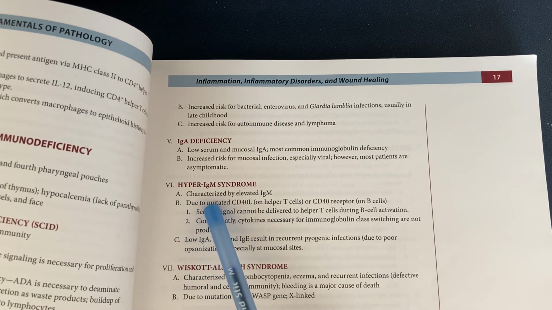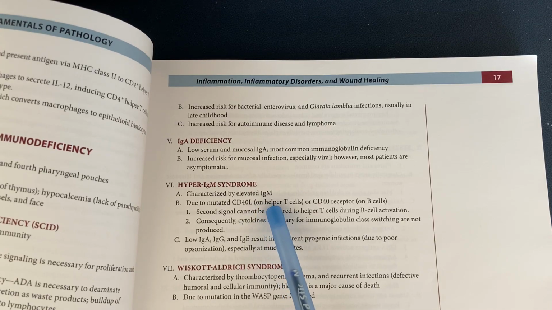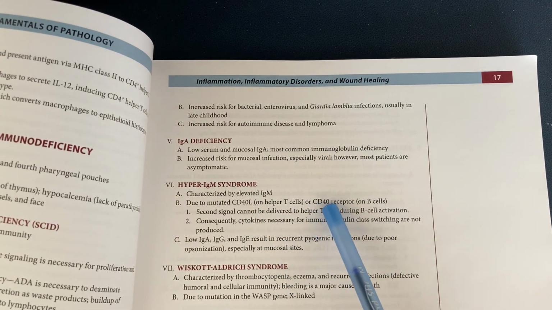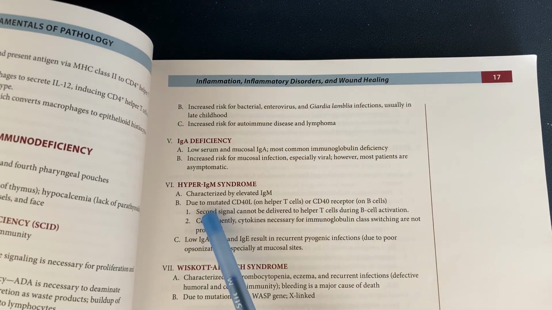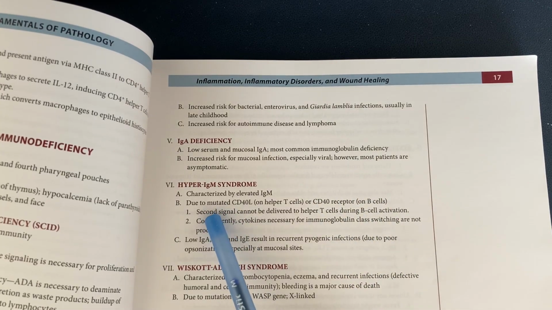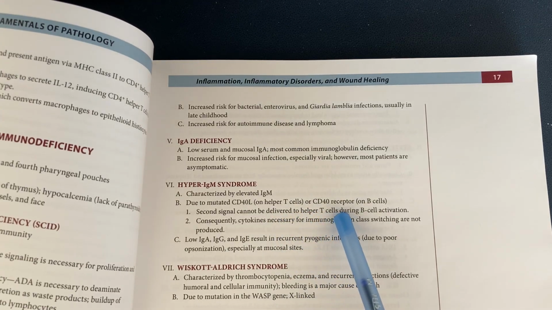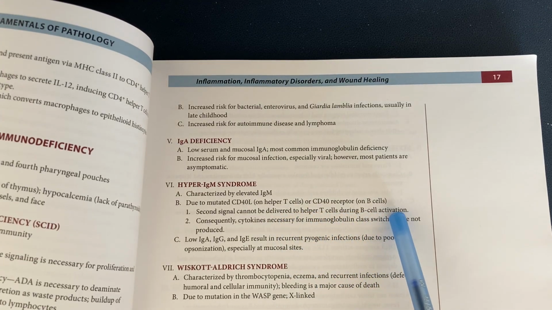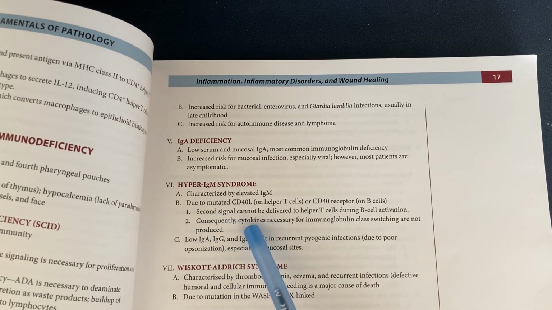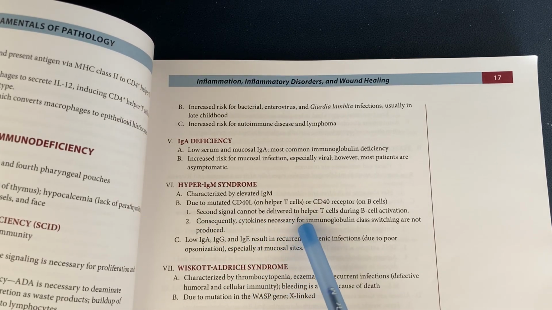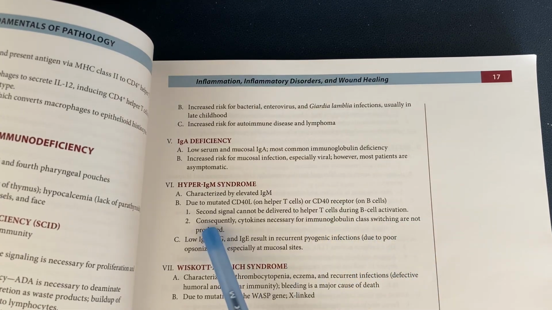This is due to the mutated CD40L that is on the helper T cells, or the CD40 receptor that is found on the B cells. So when this happens, the second signal cannot be delivered to the helper T cells during B cell activation, and consequently, the cytokines that are necessary for immunoglobulin class switching are not produced.